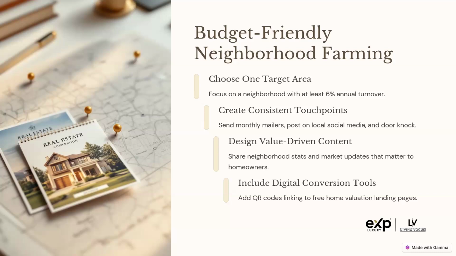Okay, so again, if we're looking at being budget friendly, you've got to choose a target area. Okay, so that could be one neighborhood or one general area, but you don't want to do a whole zip code. All right, if you do a whole zip code, you've got all different types of neighborhoods in there.